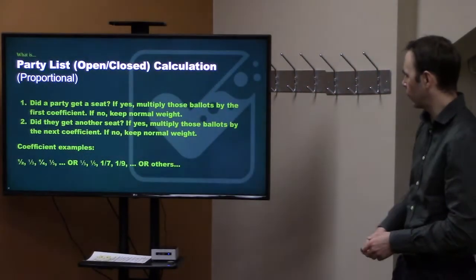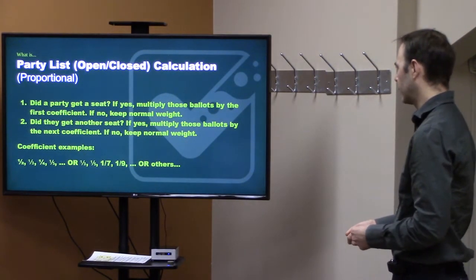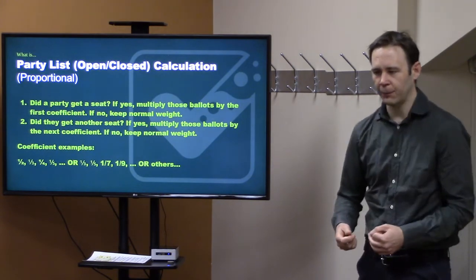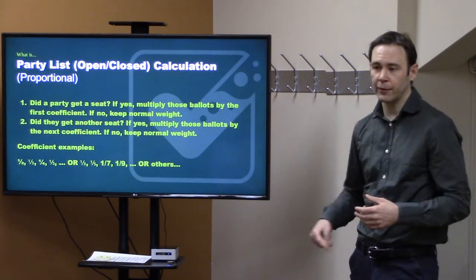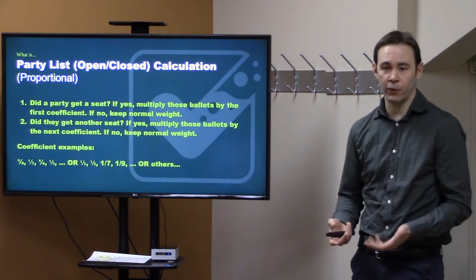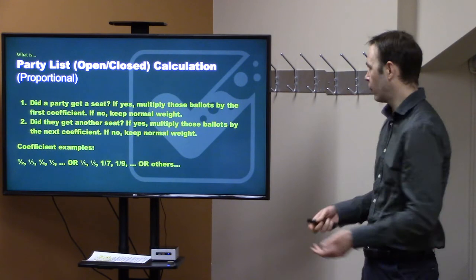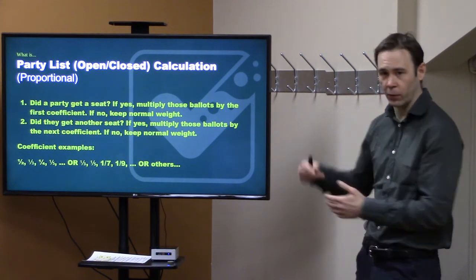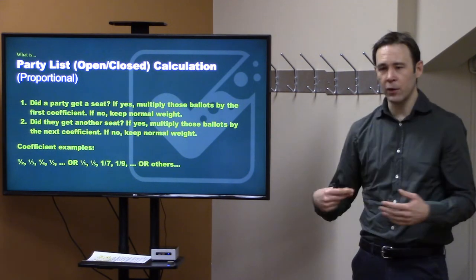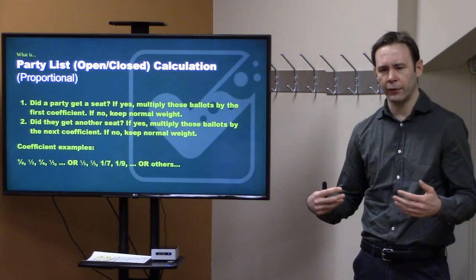And so with these proportional methods, the way that it achieves this proportional outcome, unlike the semi-proportional ones, which relied on this vote splitting stuff, with the proportional ones that are more fully proportional, what you get is a lot of reweighting as you go along.